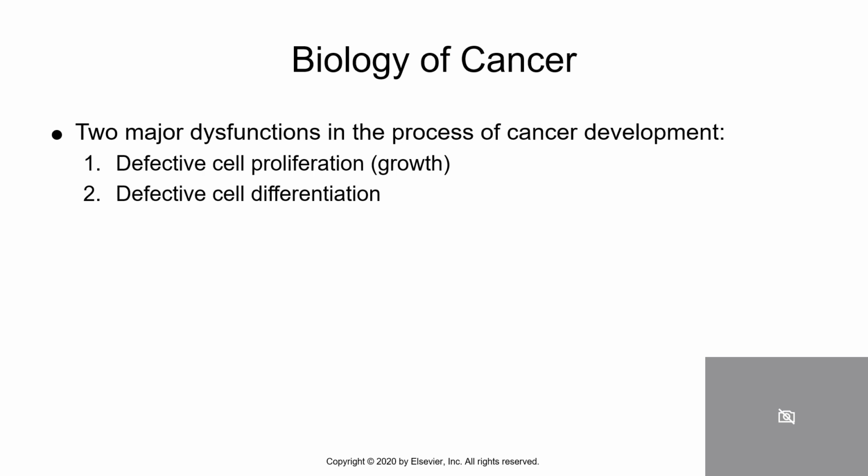We know that this starts with two different major dysfunctions, which include a defective cell proliferation stage or a defective cell differentiation stage. Cancer wreaks havoc on the ways that cells typically function. Normal body cells have a very predictable pattern of growth, division, and death.